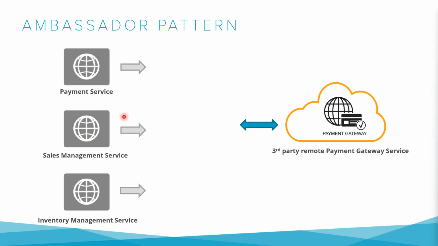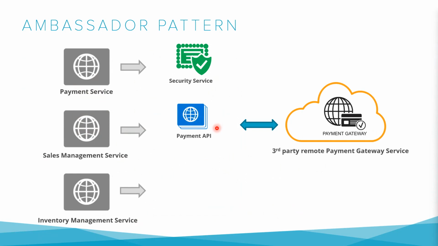Now, to communicate with the third party payment service, obviously we need to implement security. Also, we need to use the payment APIs to integrate. What else? Well, we need one more thing, that is a monitoring service, which will monitor the entire payment process, whether the payment succeeded or failed. Right?